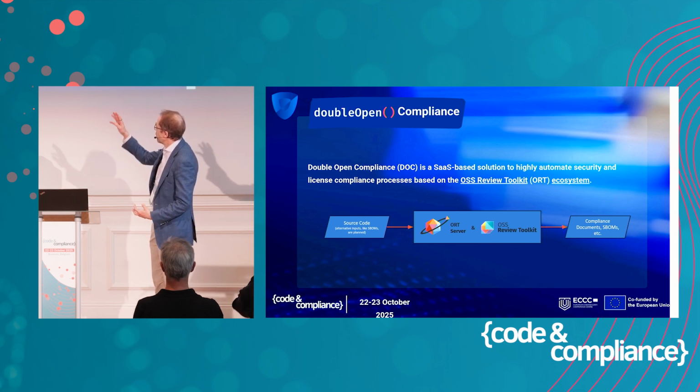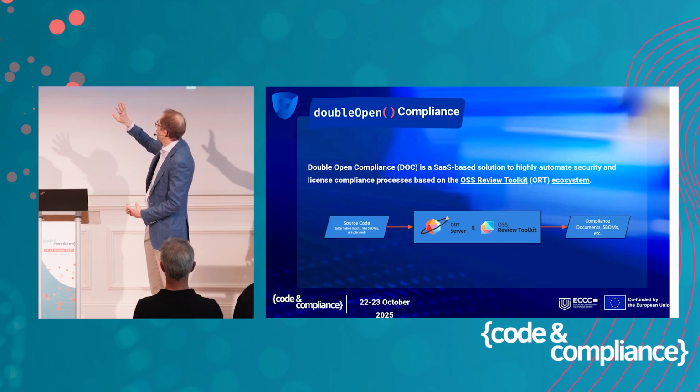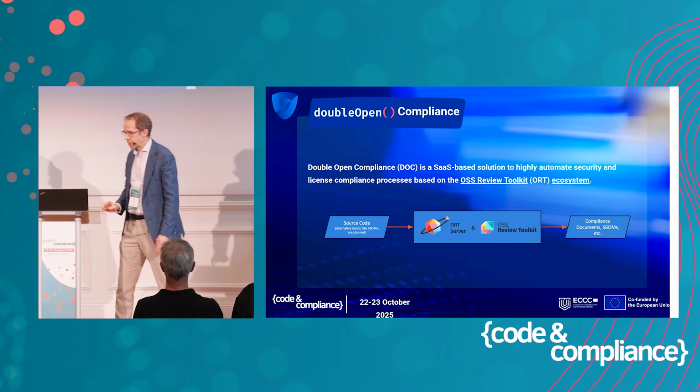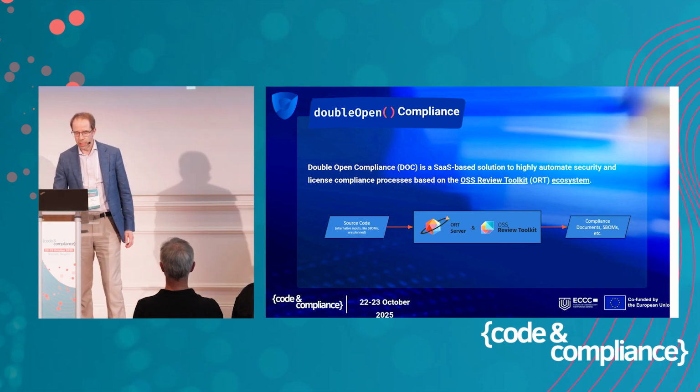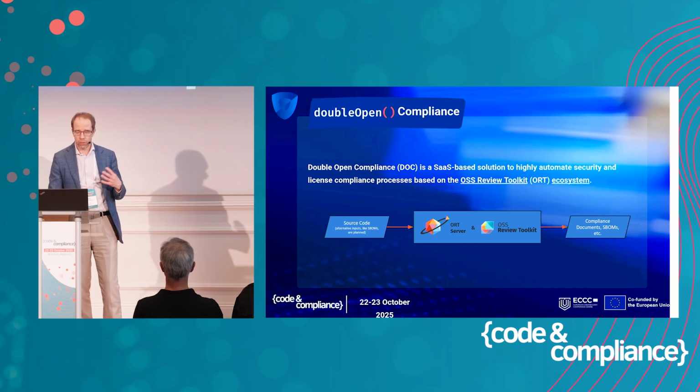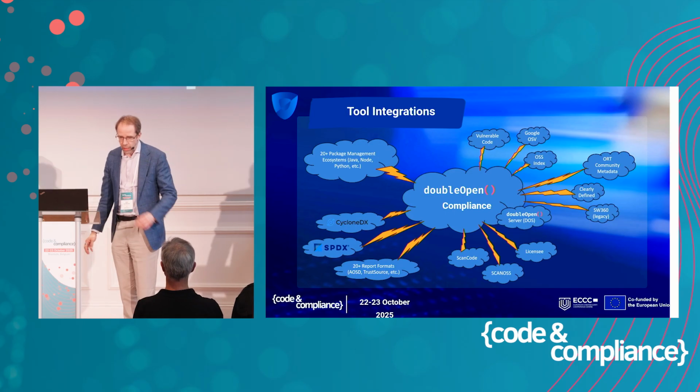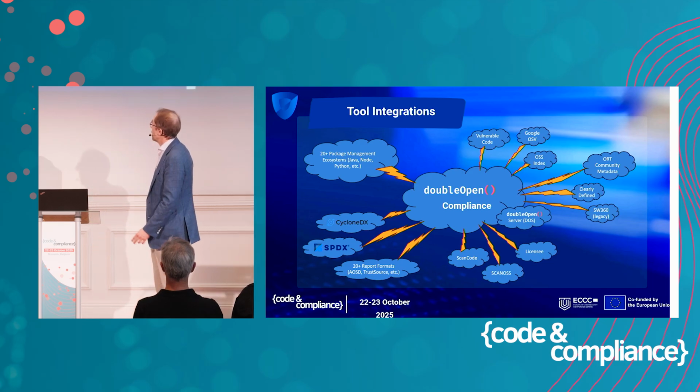What I'm now going to show you is how the OSS review toolkit with ORT server integrates into different types of services, what it looks like, and what you can expect out of it. So here are some of the integrations.